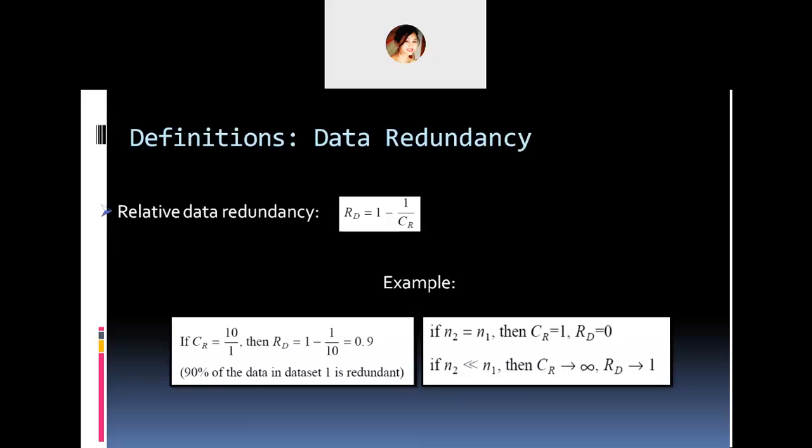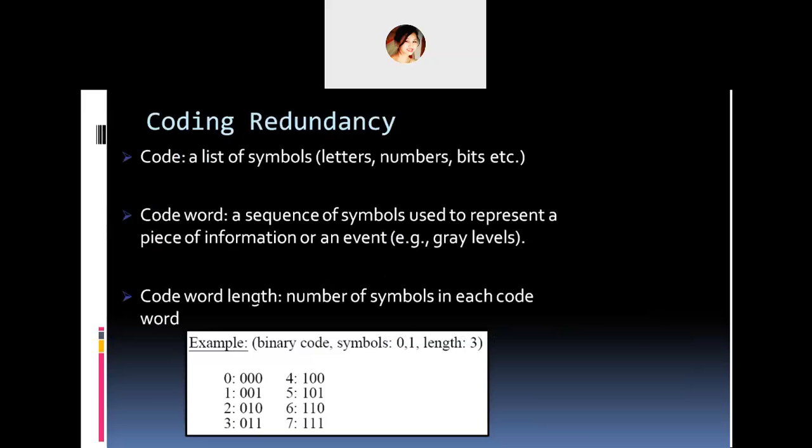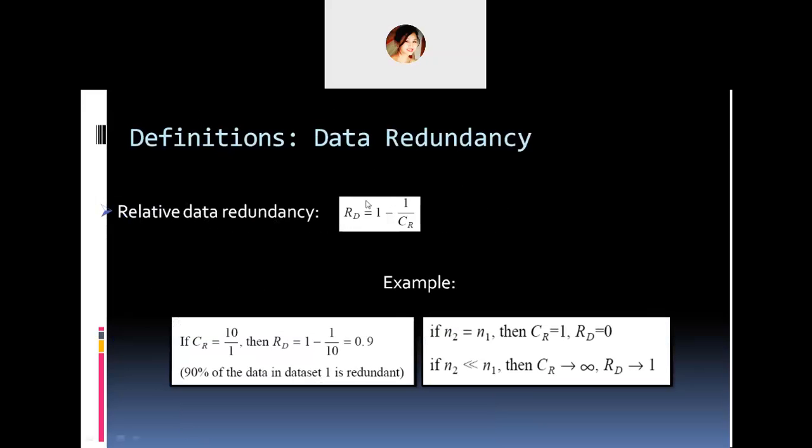Data redundancy is a very important term. You get a lot of interesting terms in image compression, but just try to keep in mind mainly the equations.